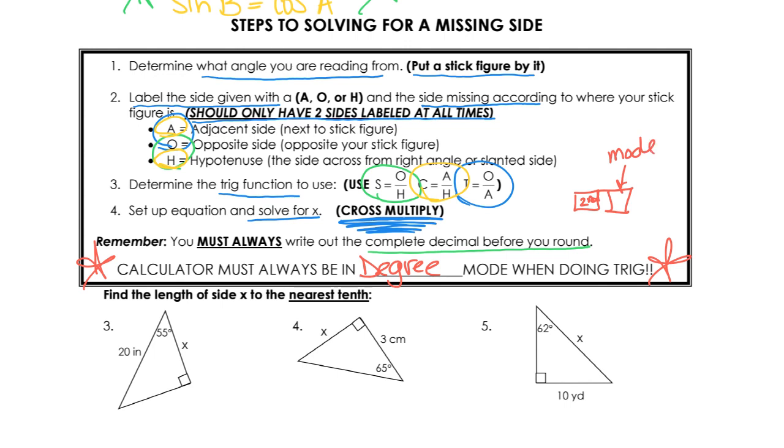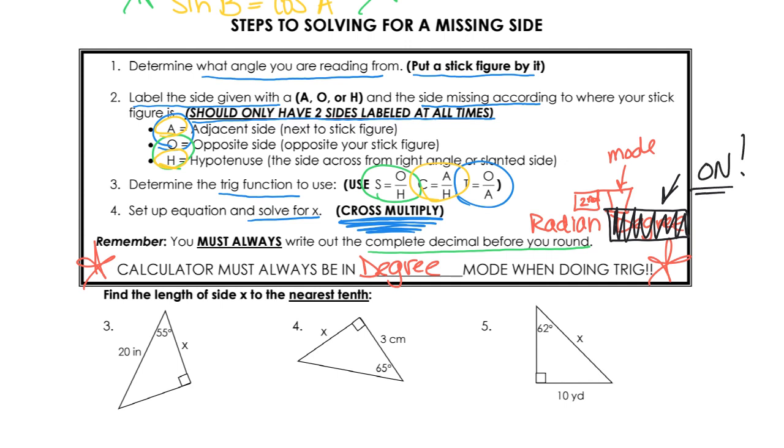And for most people, it's like the third or fourth one down, depending on what kind of calculator you have. There are 2 options. One is called radian and one is called degree. You want to make sure that the black box is around your degree and it's highlighted. That means your degree mode is on and you want it to be on.